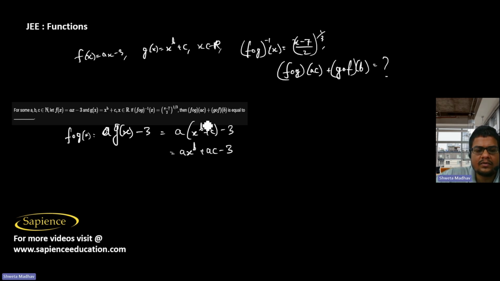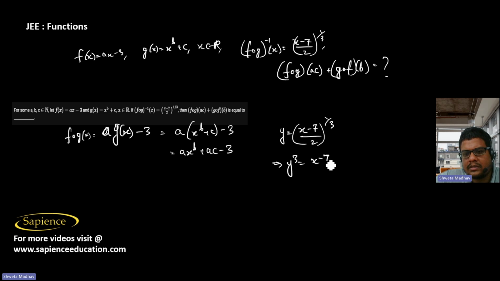Therefore, if I say y equal to x minus 7 by 2 power 1 by 3, then it means y cube is equal to x minus 7 by 2, that is, 2y cube plus 7 is equal to x. So this will be the inverse of f of g inverse, so this will be f of g of y.